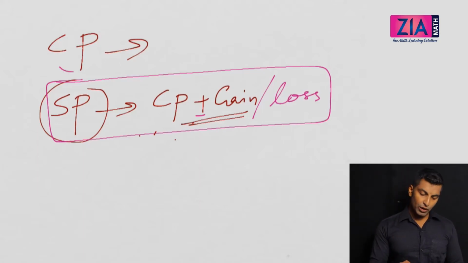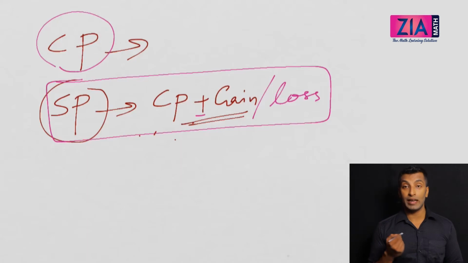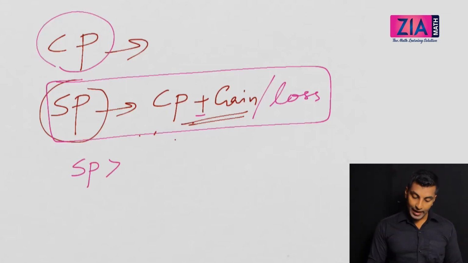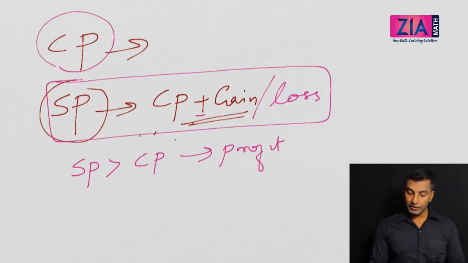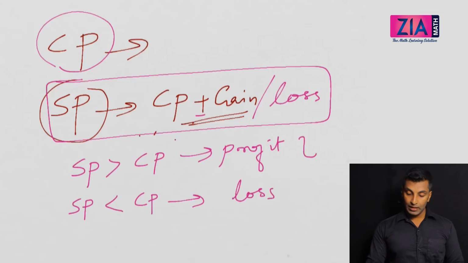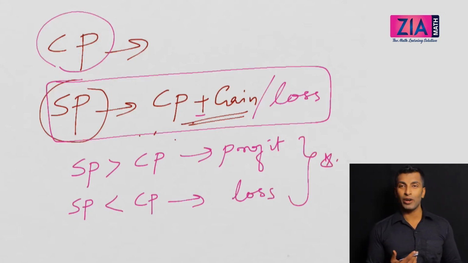You produced too many items but the demand is less, so you may need to sell at a much lesser price, so you may incur loss also. So let me put it in this way: if the selling price is greater than the cost price, you have a profit. If the selling price is less than the cost price, you incur a loss. I hope this is clear and everybody knows this.